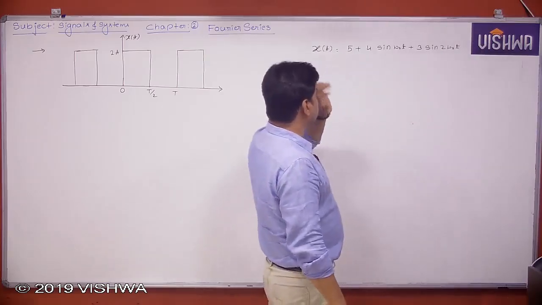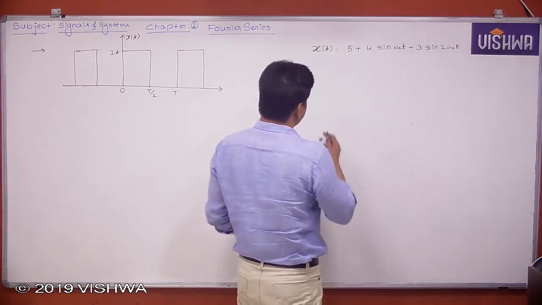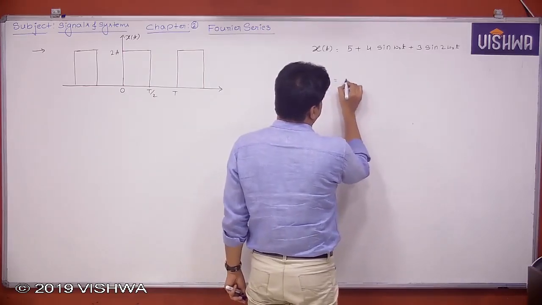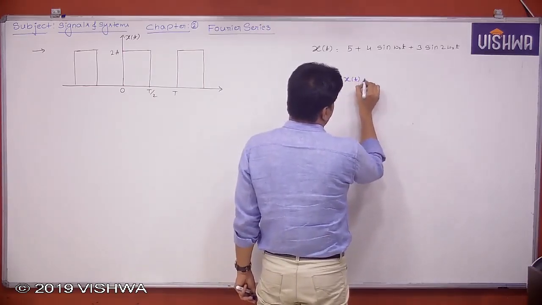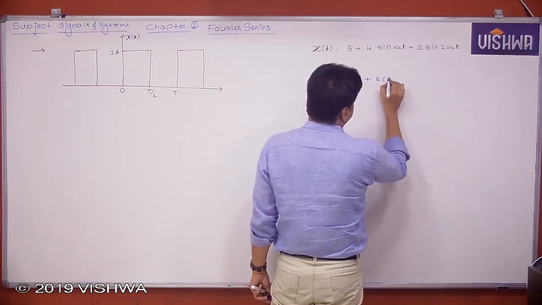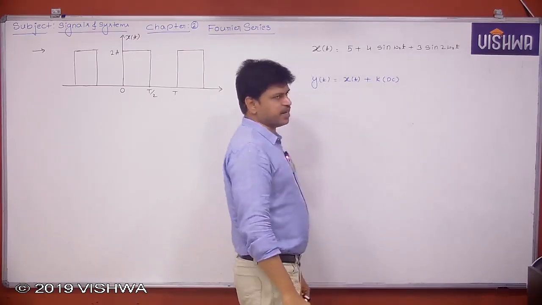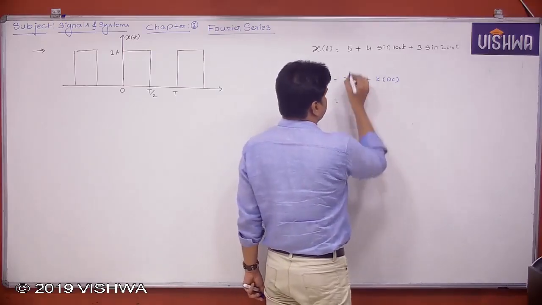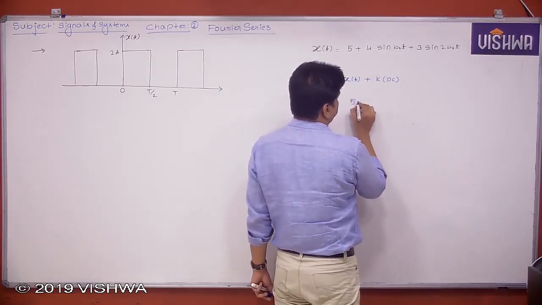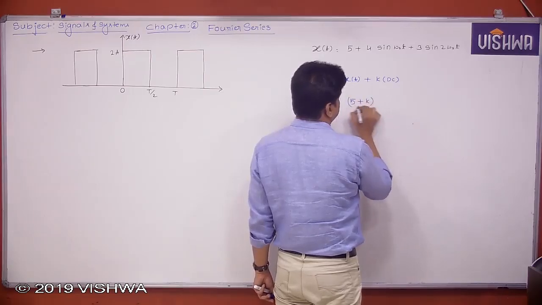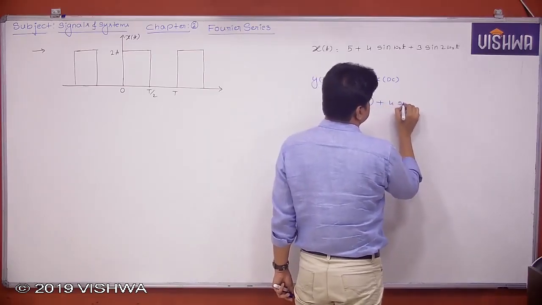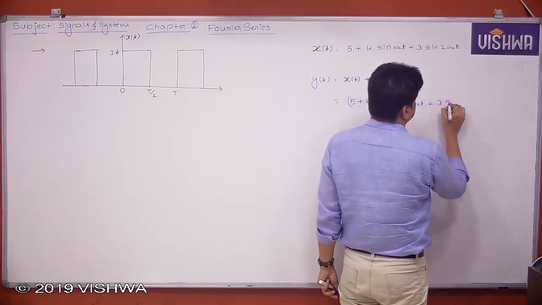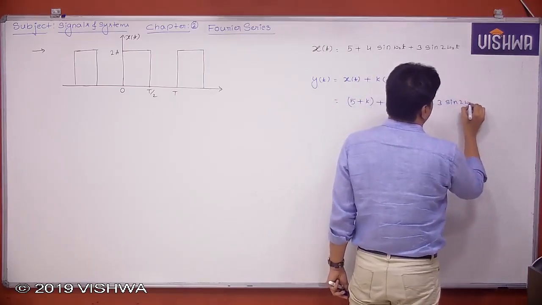Now, if I consider a signal y of t, which is x of t plus k, where a DC signal or some constant is added, then what is the expression for y of t? 5 plus k plus 4 sine omega naught t plus 3 sine 2 omega naught t.